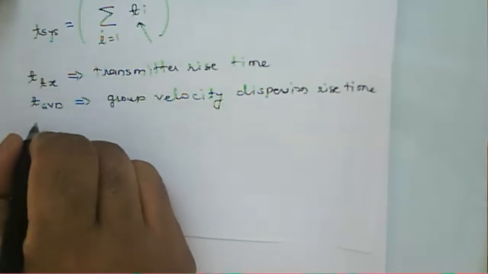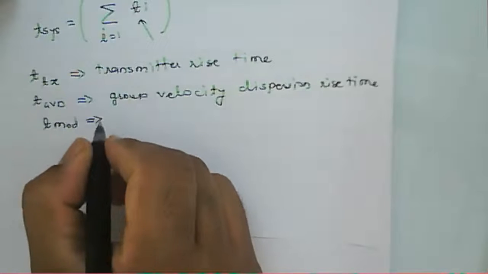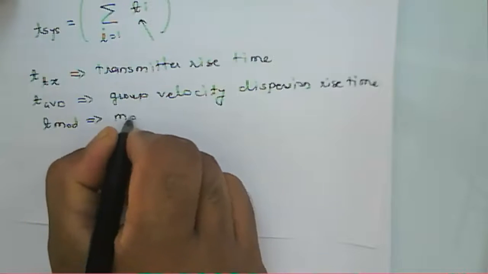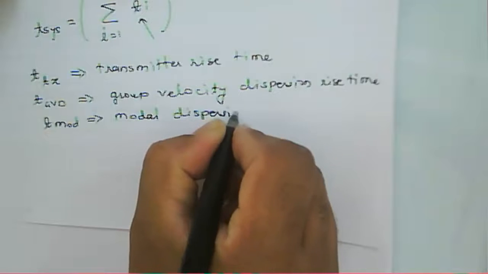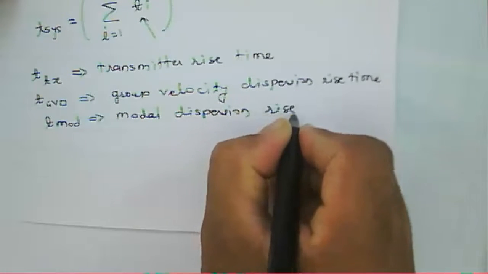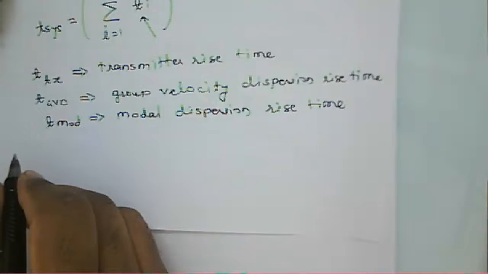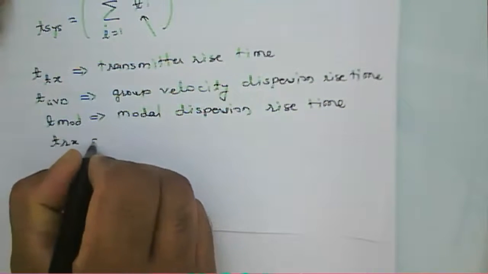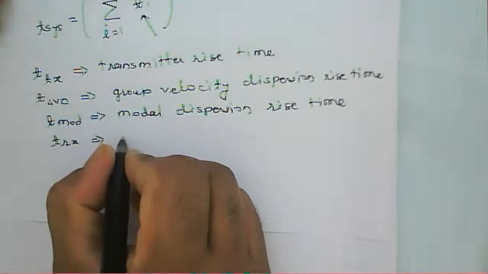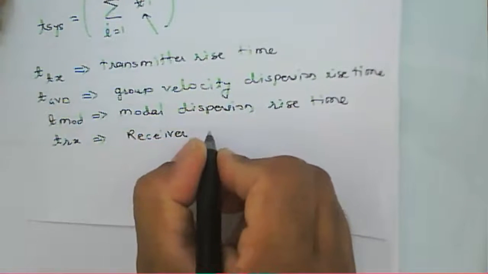Then we have t_modal, so we can say the modal dispersion rise time. And then at the receiver we are receiving, that's why the receiver rise time.